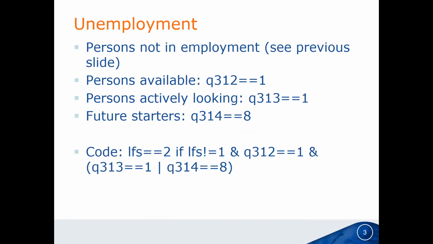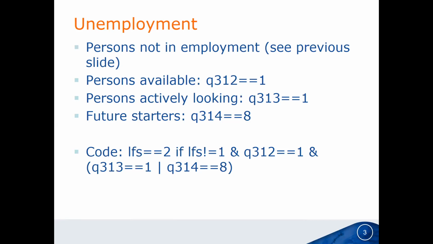So then I guess I will move to unemployment. To move to unemployment, the first thing that is important is to ensure that the persons are not in employment. If you look at the code at the bottom of the slide, you see I consider LFS equal to 2 because LFS equal to 1 were the persons who were in employment. Here I want the persons in unemployment, so I will put LFS equal to 2. My first criteria to make sure that they are not in employment is to check that the persons have not been classified into employment.